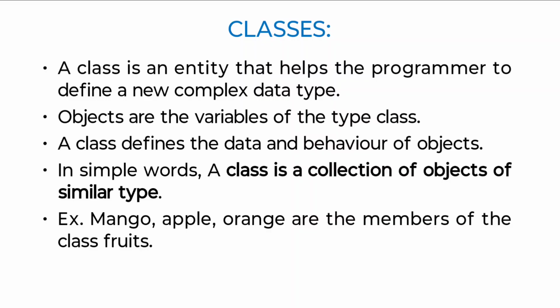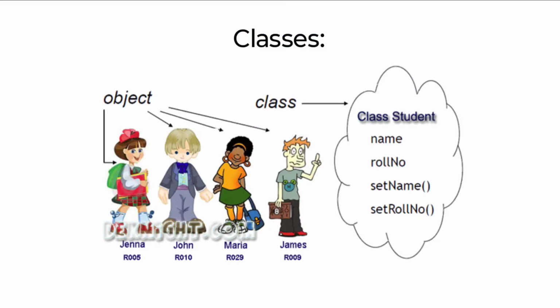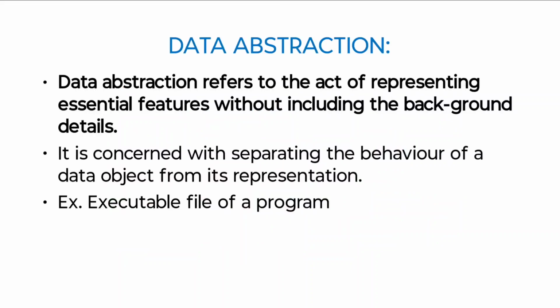For example, mango, apple, and orange are members of a particular class called fruits. Here fruit is a class, and the types of fruits are called objects. Then, given an example, the class is Student with roll number, name, set name, and set roll number, right? In a class, these are the objects.